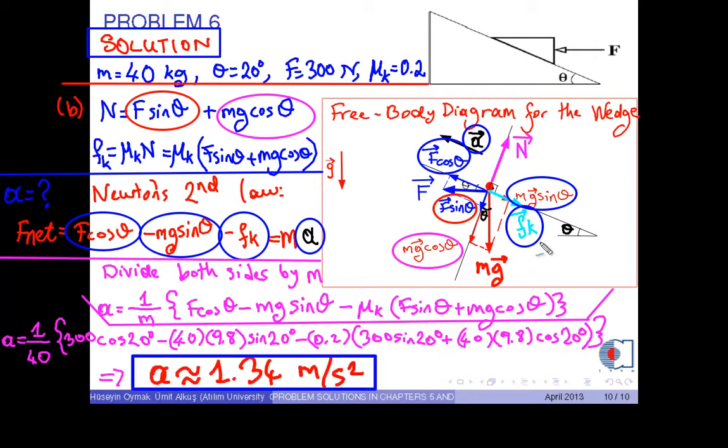Finally, we get approximately 1.34 meters per second squared.